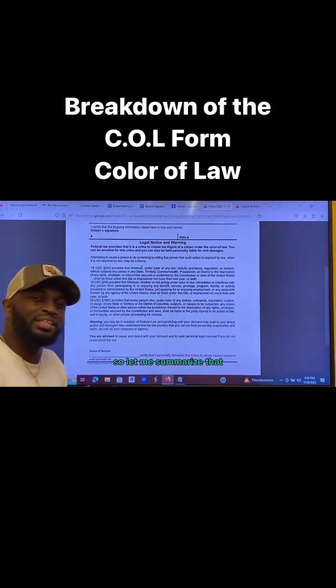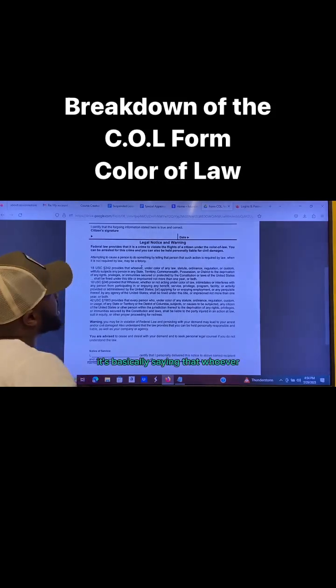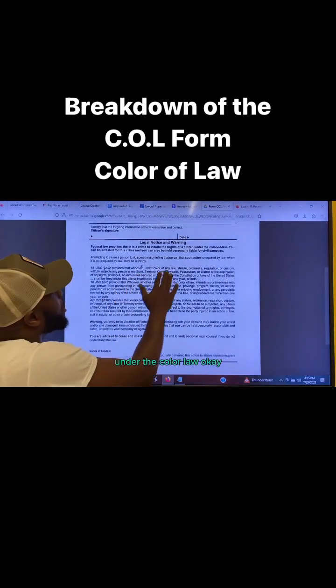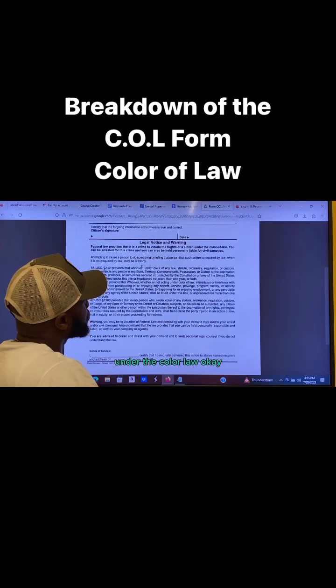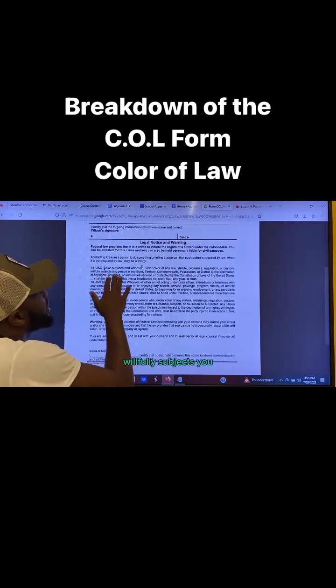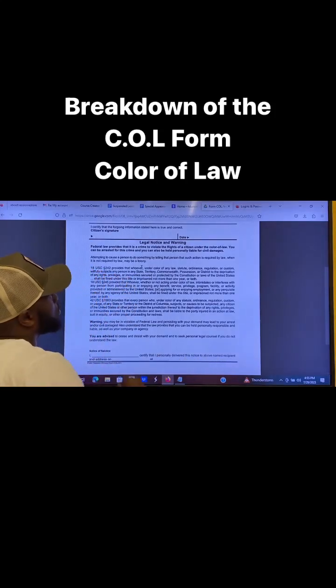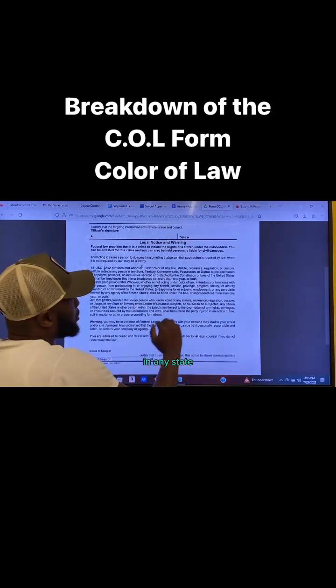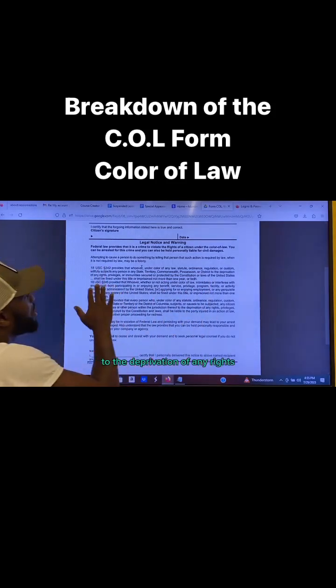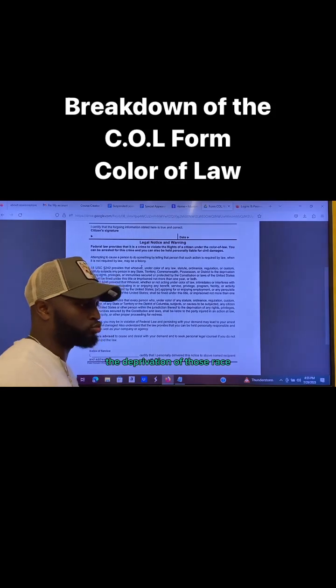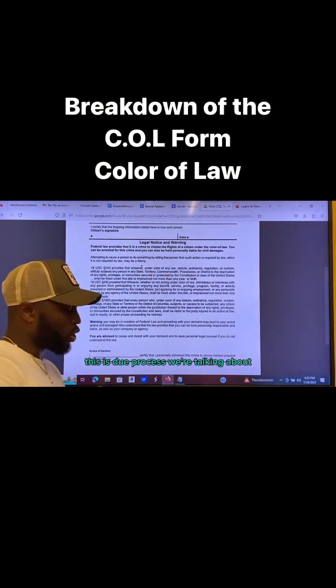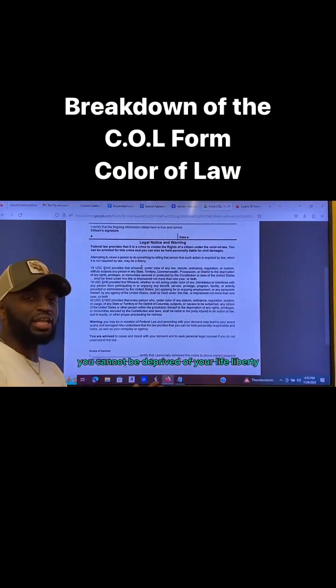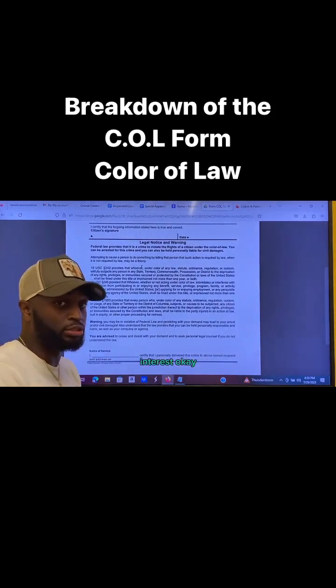So let me summarize that. Let me break that down for you. It's basically saying that whoever under the color of law, okay, willfully subjects you in any state to the deprivation of any rights, the deprivation of those rights. This is due process. We're talking about you cannot be deprived of your life, liberty, or property interests, okay?